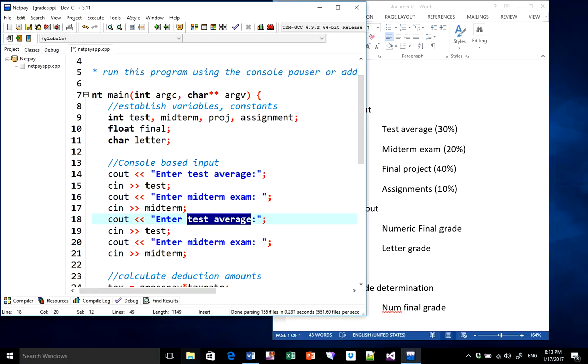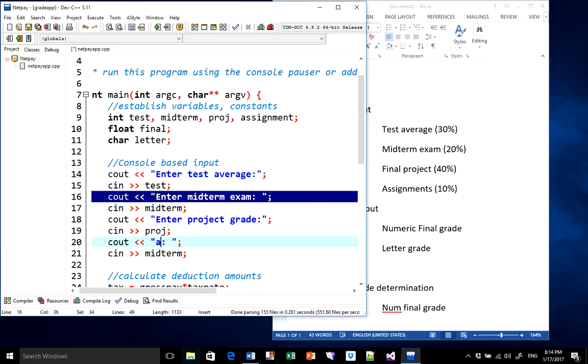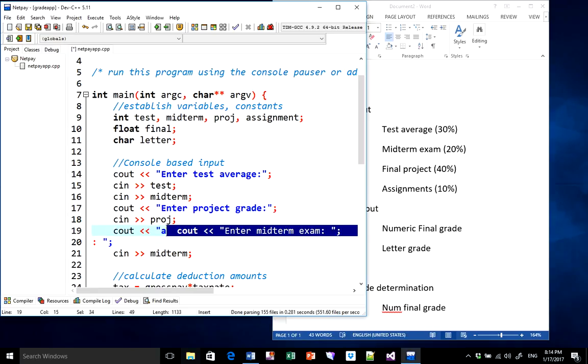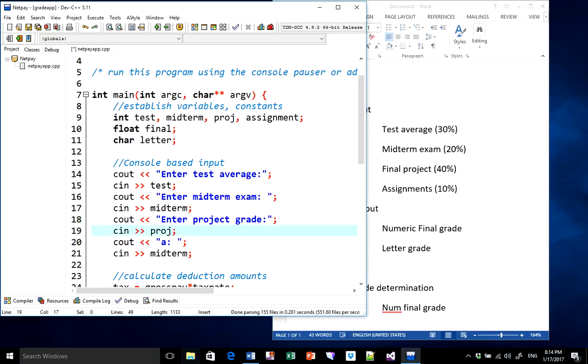Next one is project grade. And enter assignment. All right, so that's going to be our input.